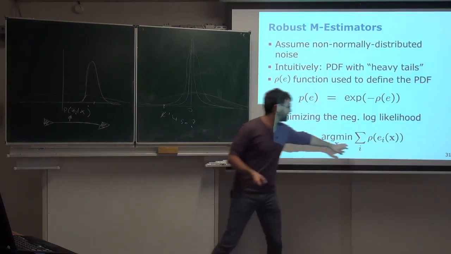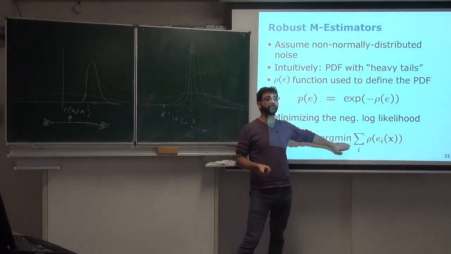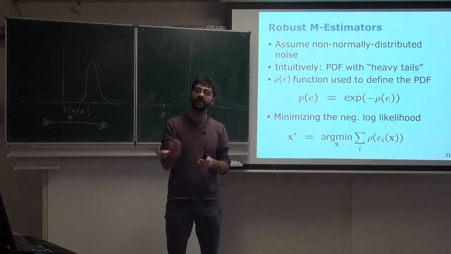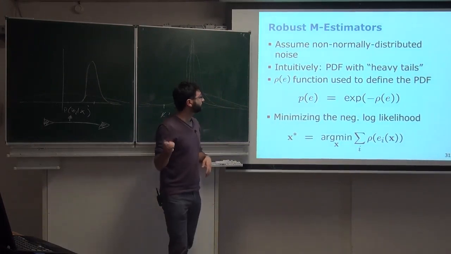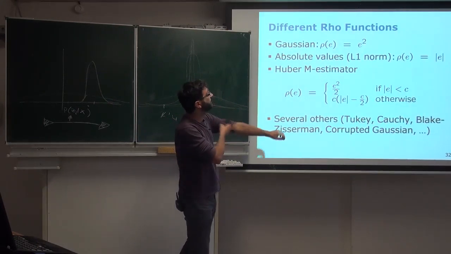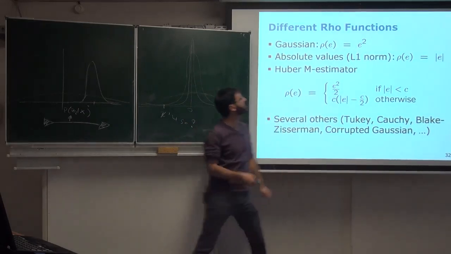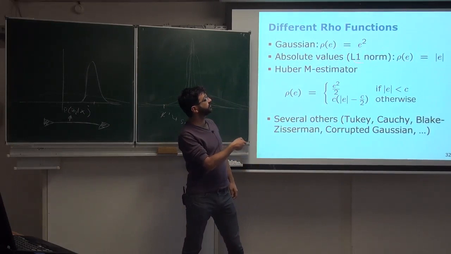But you can still use them from an optimization point of view, because there you don't care about the fact that it's not normalizable to 1. Now, a few cases: we have the Gaussian, which, as I said, is just the square of the error. You can have the absolute value, or as it's called, the L1 norm of the error.